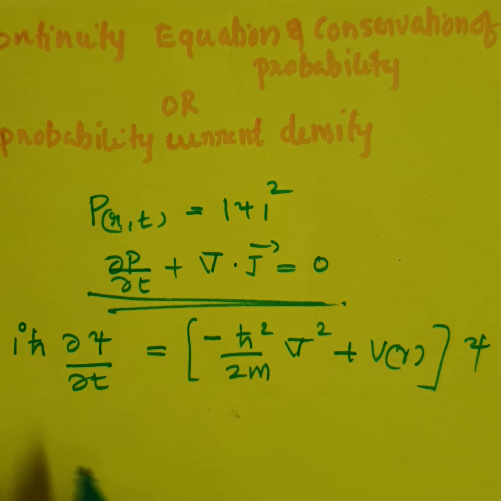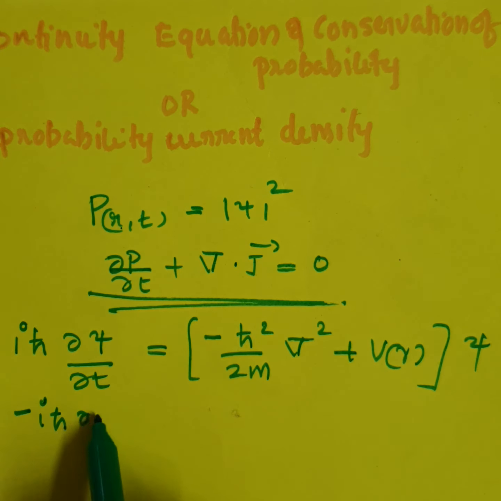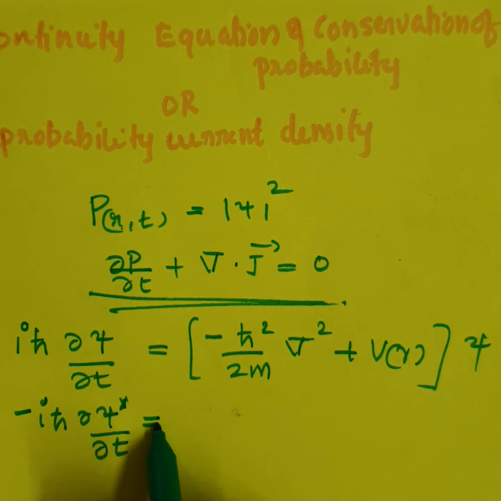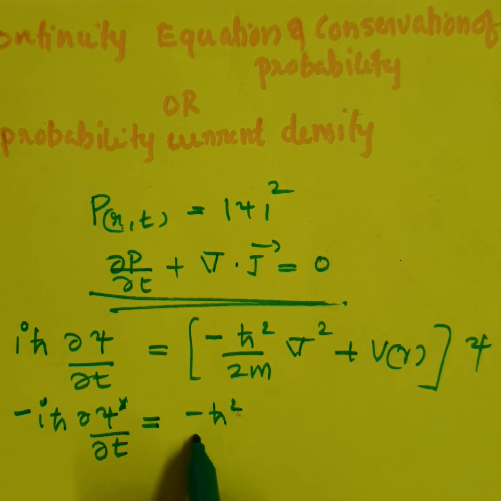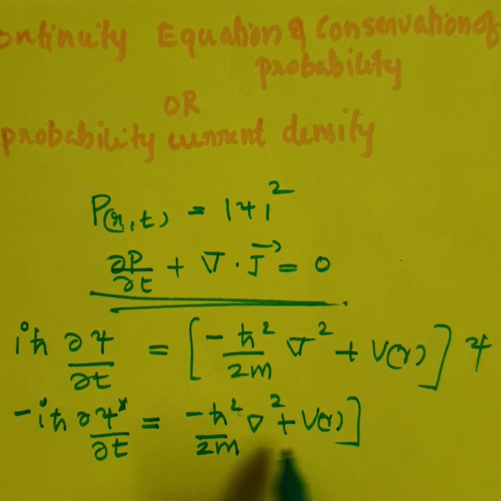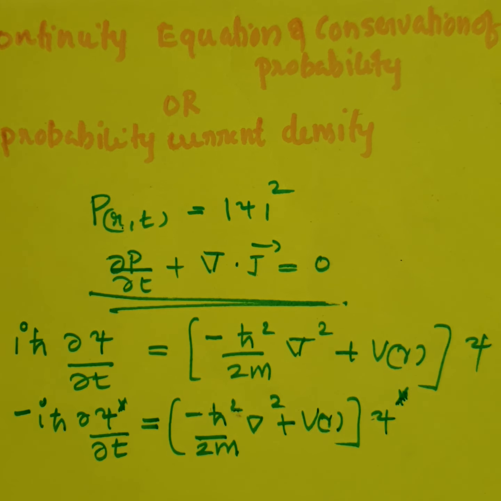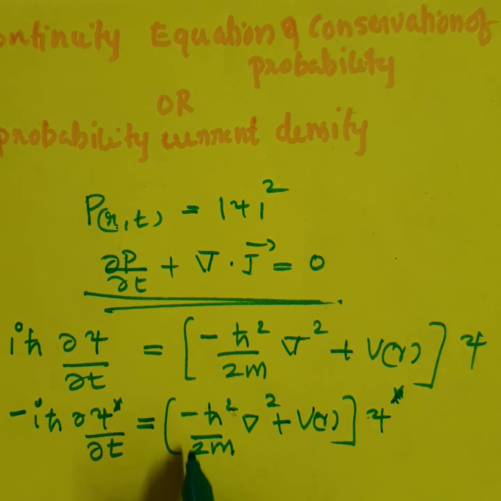Then the equation becomes minus iħ ∂ψ*/∂t equals minus ħ²/2m ∇² plus V, times psi star. This is the complex conjugate of this equation.